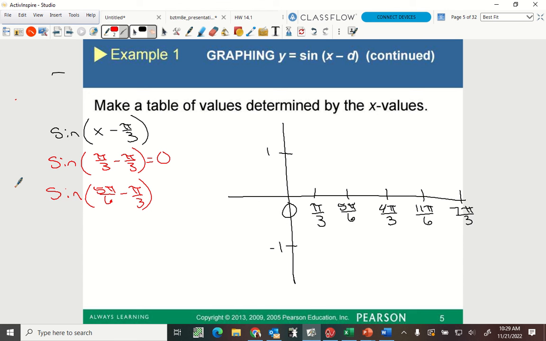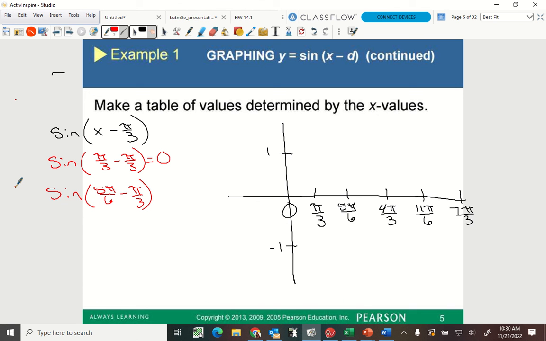So 5 pi over 6 minus 2 pi over 6. So they're a common denominator now, right? They're both over 6. So 5 minus 2 is going to give me 3 over 6. What is 3 over 6? 1/2, right? So that's pi over 2, right?